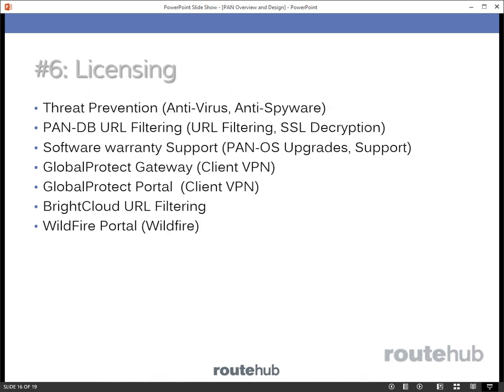With the features and services determined that you want to implement, it's important to obtain all of the necessary licenses for your PAN appliance. And below is a summary of the different licensing that may be required. So these are the licensing types and basically the services that require this particular license. For example, if you want to implement antivirus and be up to date with all the signatures that are out there, you need to purchase the threat prevention license on your PAN appliance.